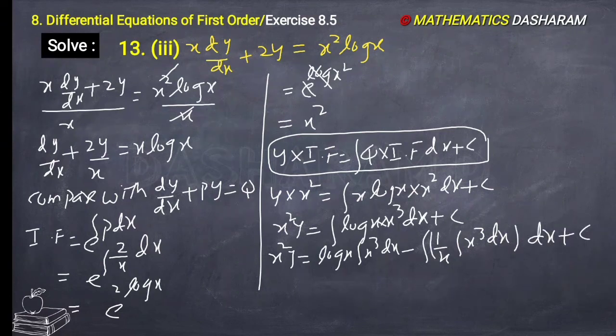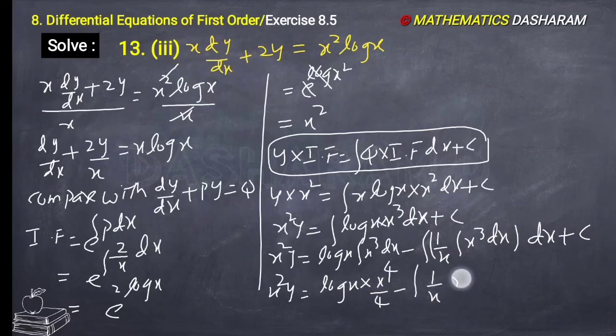So x square y equals log x into x to the power of 4 by 4 minus 1 by x into x to the power of 4 by 4 dx plus c.